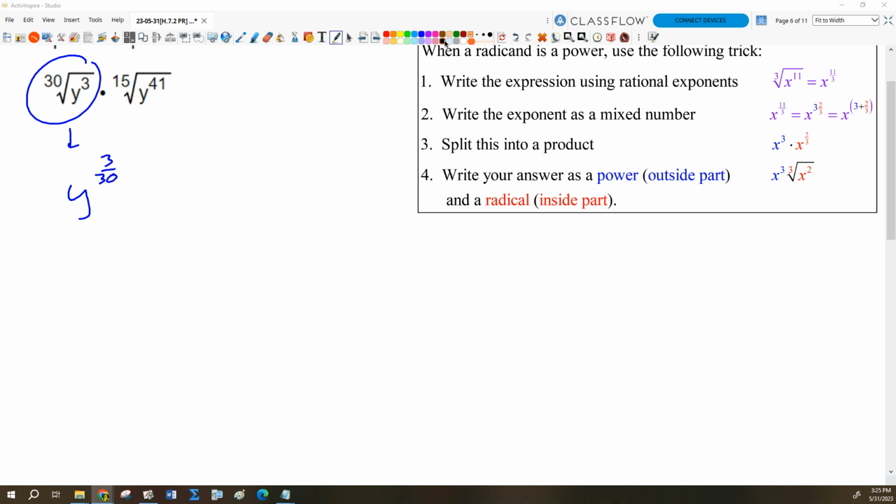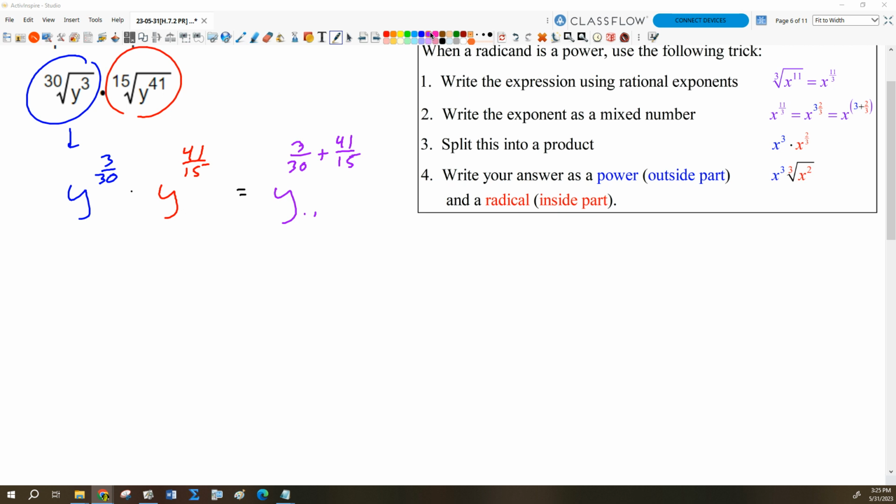Times, yeah, this guy becomes y to the 41/15. So when we multiply like bases, we add exponents, right? So that just becomes y to the 3/30 plus 41/15.